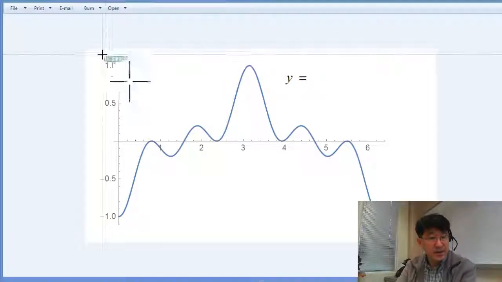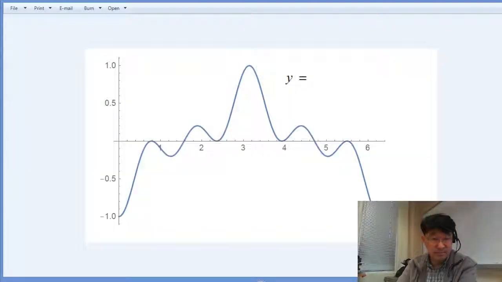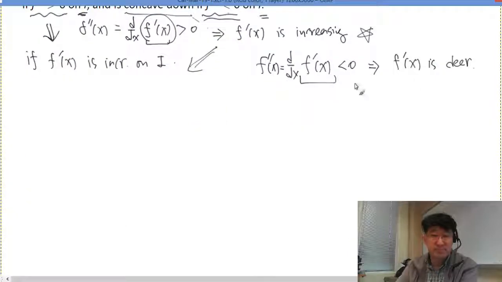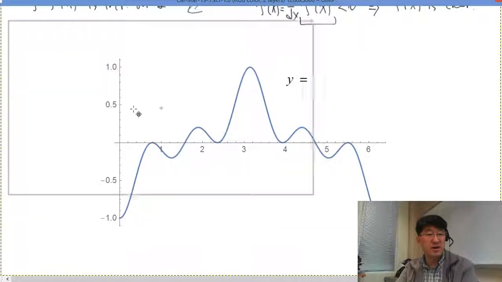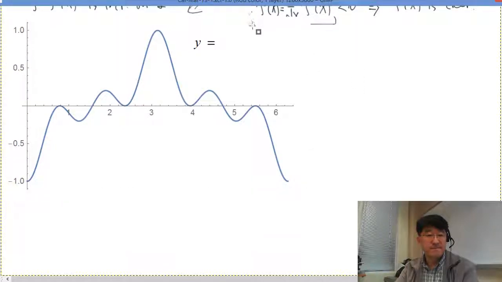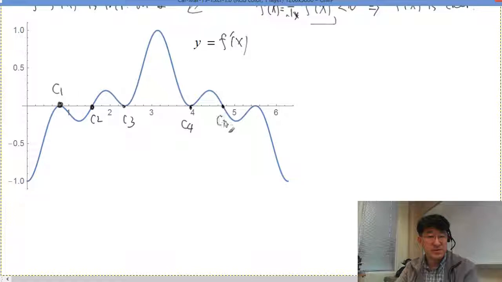So let's practice together. If this is my f prime of x, I call these points C1, C2, C3, C4, C5, C6.